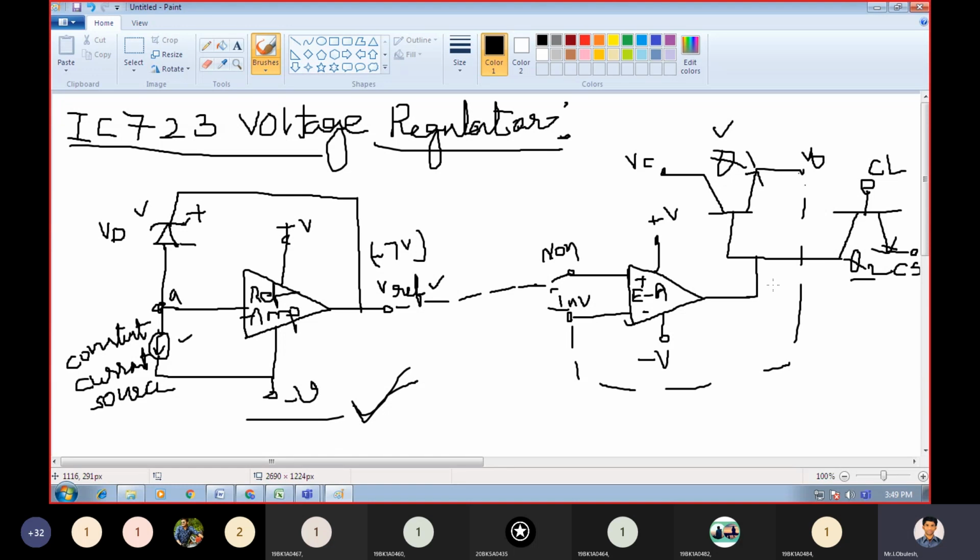The error amplifier compares a sample of output voltage applied at the inverting input terminal to the reference voltage V reference applied at the non-inverting input terminal.